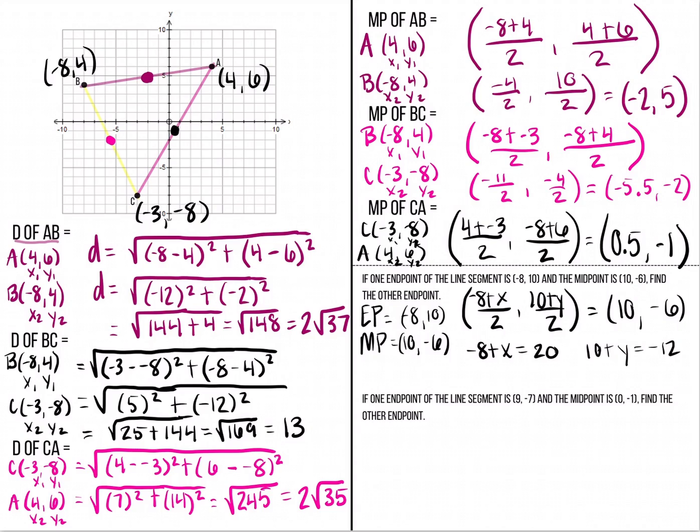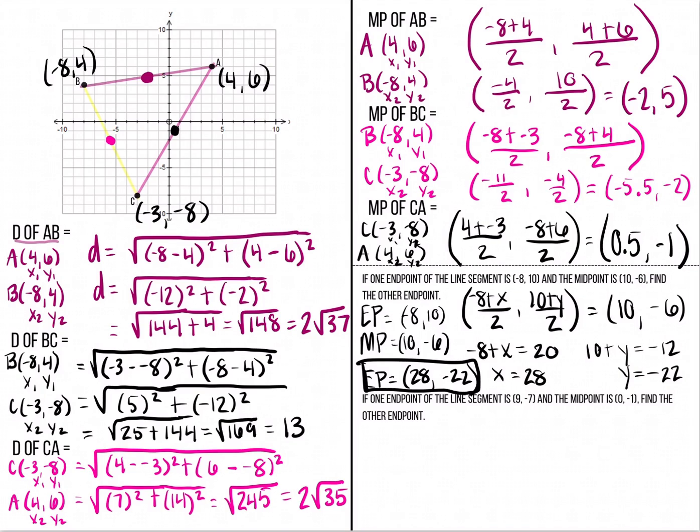And then I'm going to add 8, so x equals 28. And y equals negative 22 because I subtract 10. So the other endpoint, what I'm missing, is x value 28 and y value negative 22. Okay, so that's how you find the endpoint if you have a midpoint and the other endpoint.